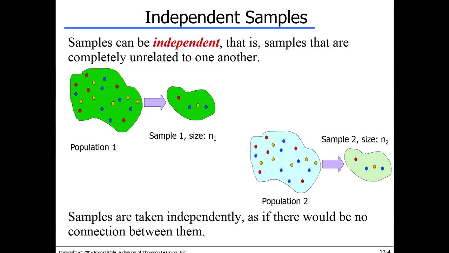So for example, let's go back to our discussion of marketing, right? I conduct a marketing campaign in order to see if my sales, the average sales per store, will go up after the advertising, right? So if my samples are truly independent, here's what probably can happen.